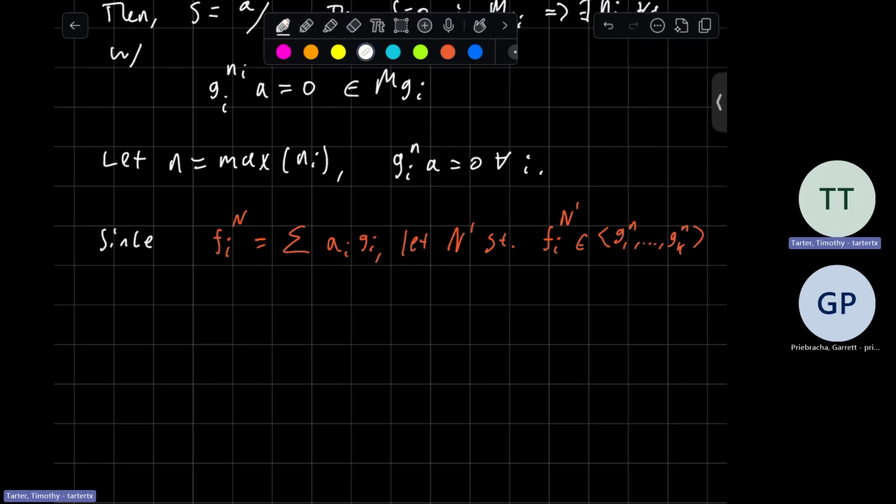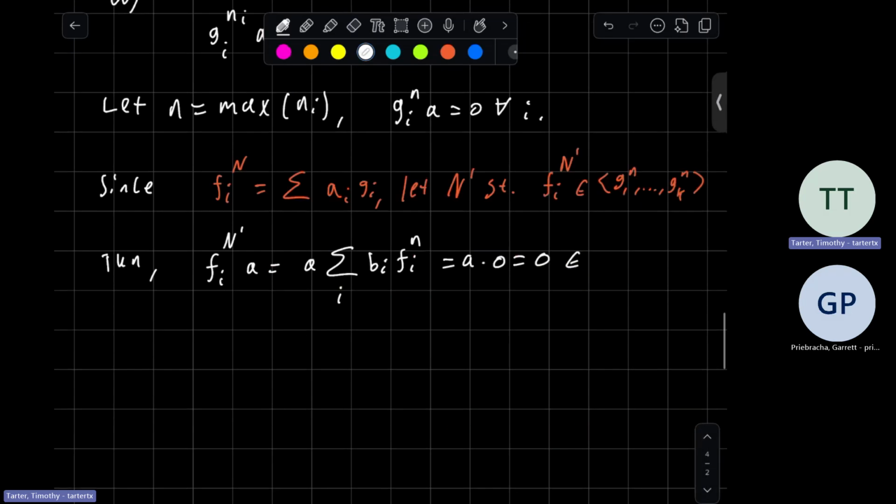Then just by definition, f to the m prime times a is equal to a times the sum of b_i f_i to the N, which is exactly equal to a times 0, which is 0 in M_{g_i}.